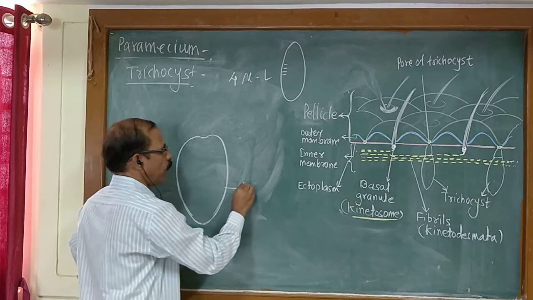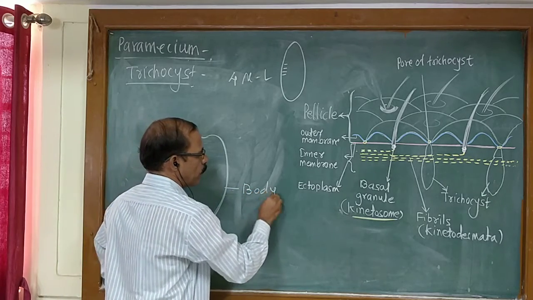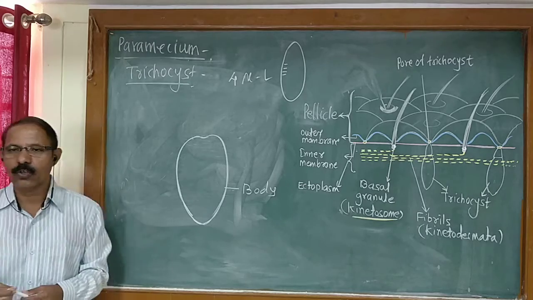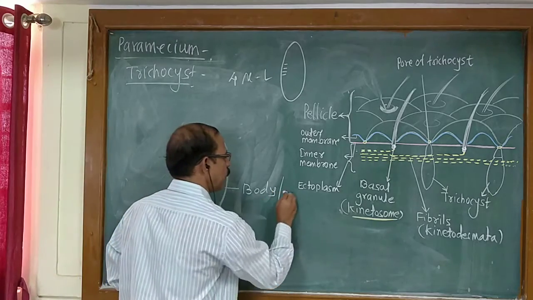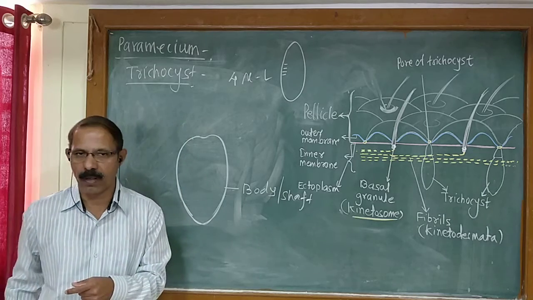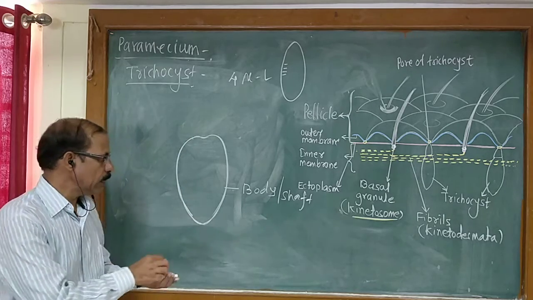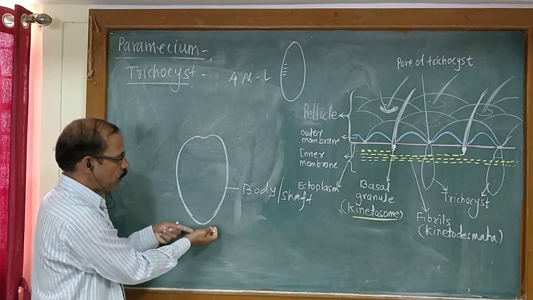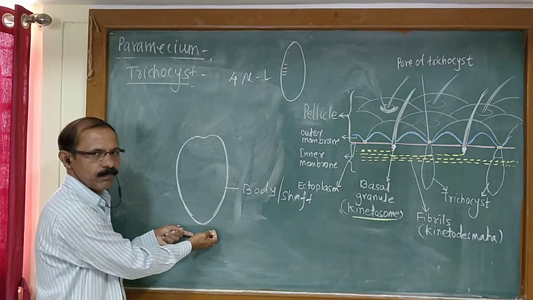If you look at the structure, a trichocyst consists of a spindle-shaped part called the body, or shaft, which is the larger part. This body or shaft is located towards the endoplasm.